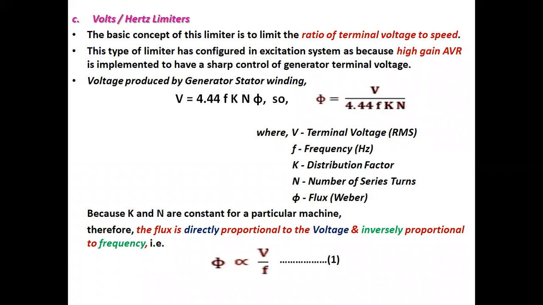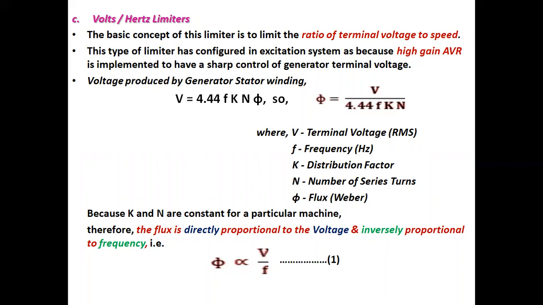Voltage produced by the generator stator winding, that is V, is equal to 4.44 F K N phi. So phi equals V divided by 4.44 F K N, where V is the terminal voltage in RMS, F is the frequency in Hertz, K is the distribution factor, N is the number of series turns, and phi is the flux in Weber.